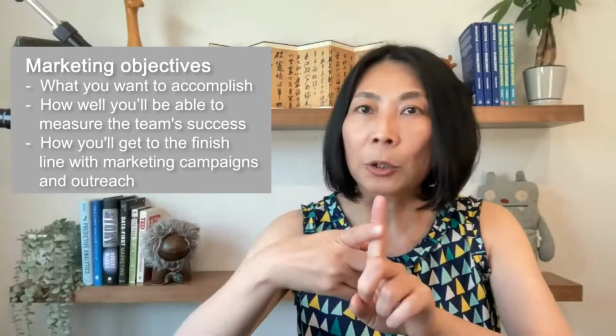Get to the point about what you want to accomplish, your business objectives, how well you're able to measure the team's success, how you'll get to the finish line with your marketing campaigns and outreach, right? Make that very clear, communicate that upfront.